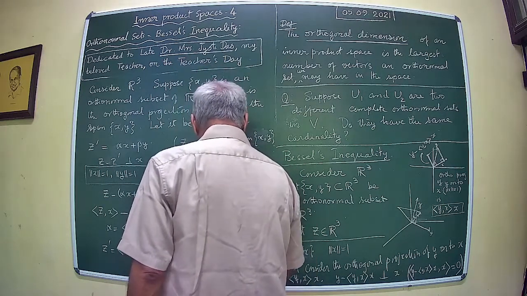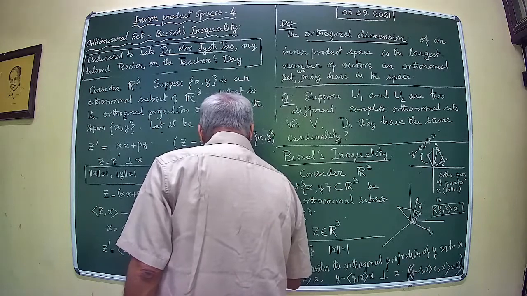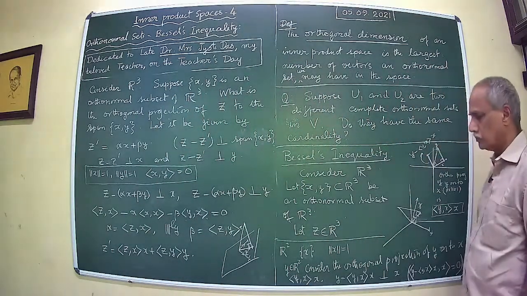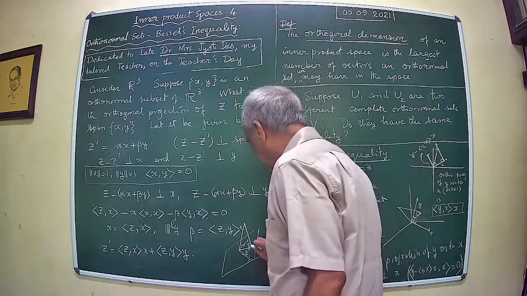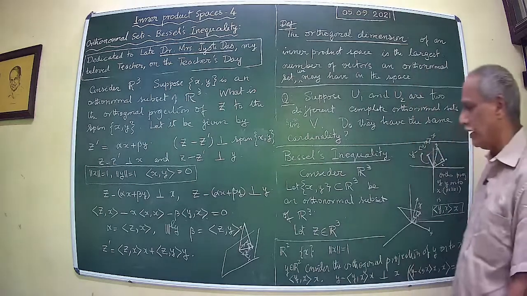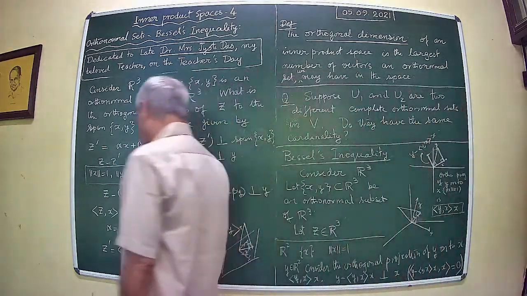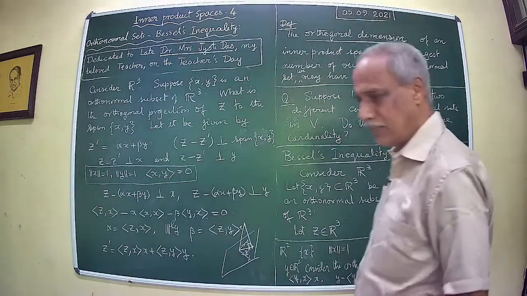This is the orthogonal projection. So this is z and this is what you call z prime. Z prime is written as your usual resolution of a vector into this.